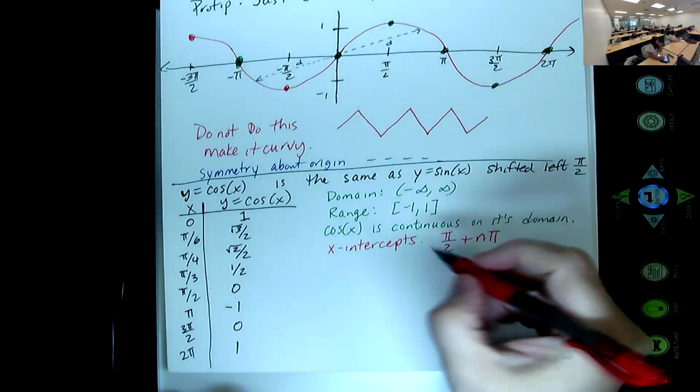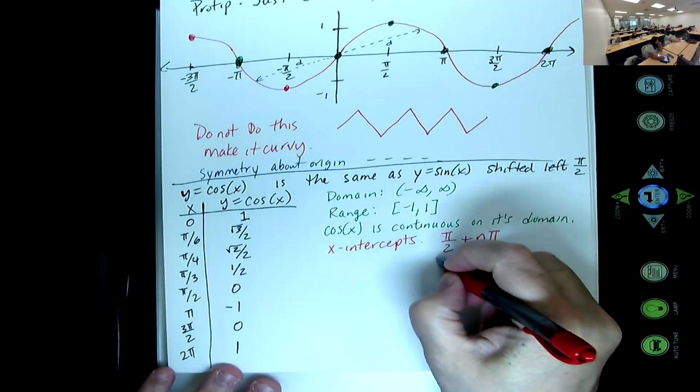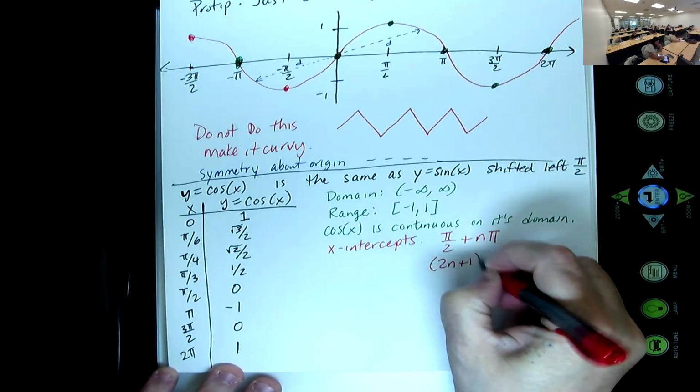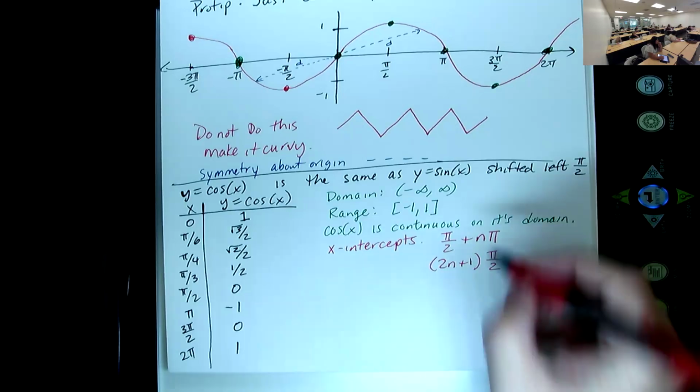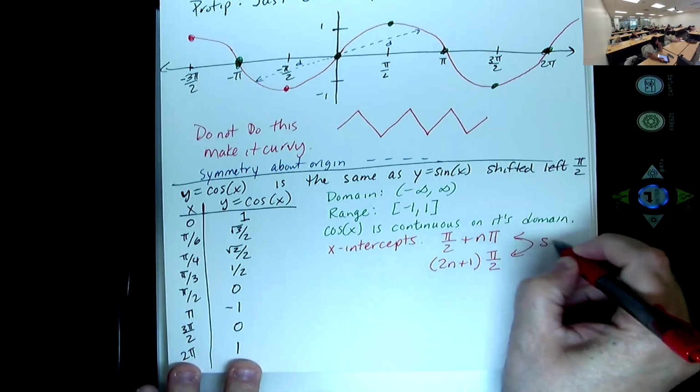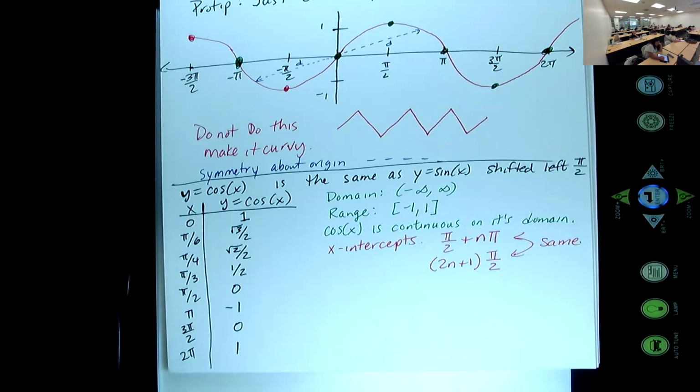Another way of writing that is saying 2n plus 1 times pi over 2. These two things are the same. If you get a common denominator and factor out the pi over 2, that's what you get.